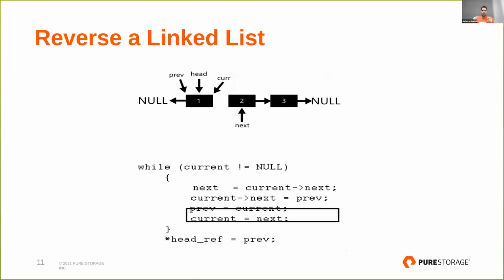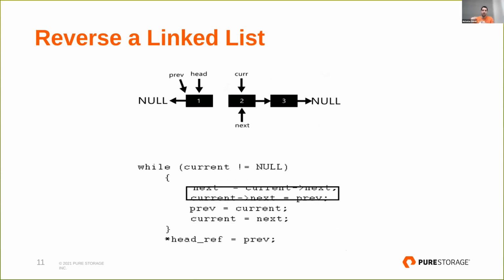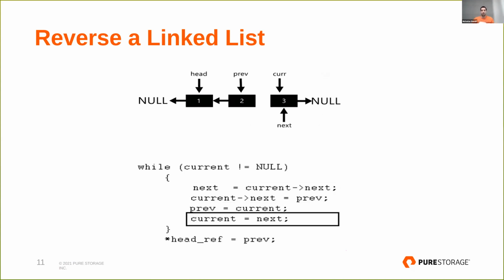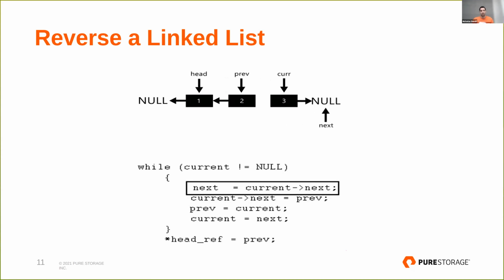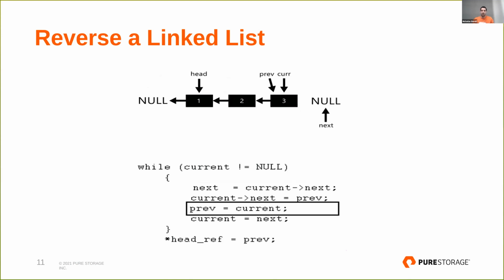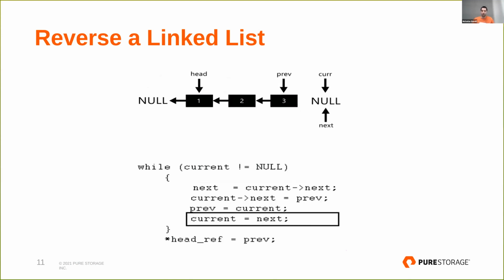You have to be careful about the order that you update them so that you don't lose any information. If you're able to do this in an interview setting, it demonstrates, first of all, that you understand pointers, but second, that you can keep those things straight as you type out an algorithm, which of course is a very useful skill as a software engineer.